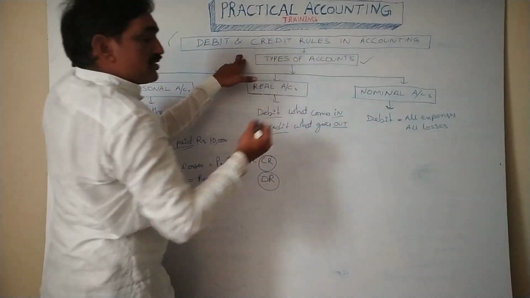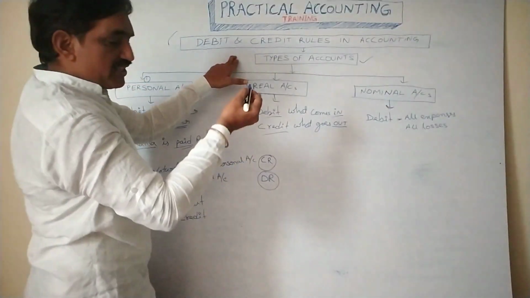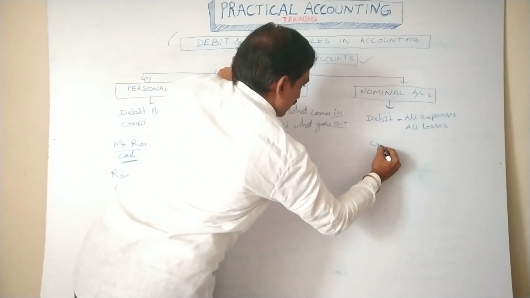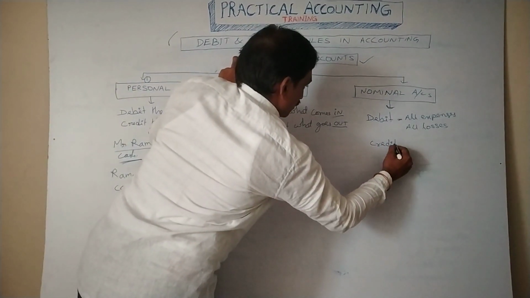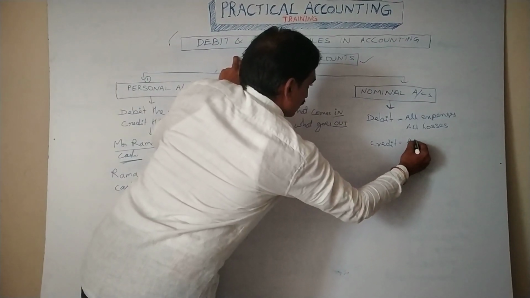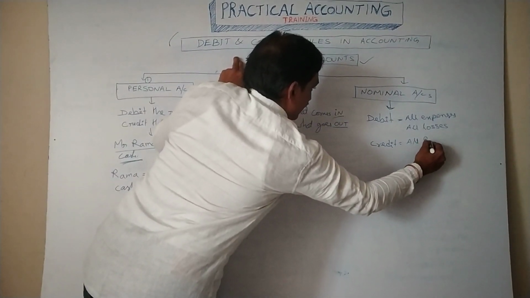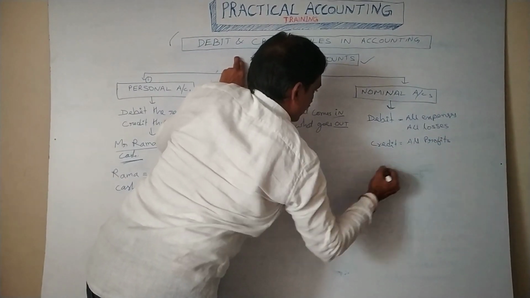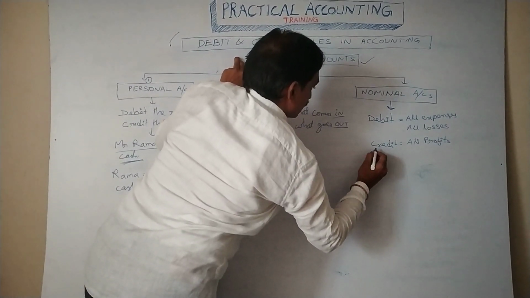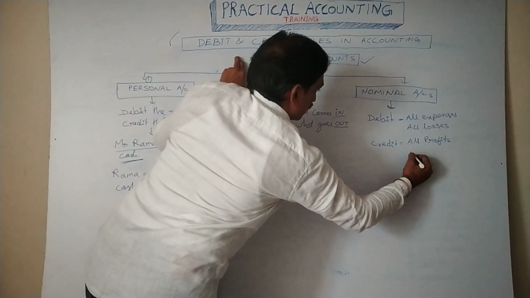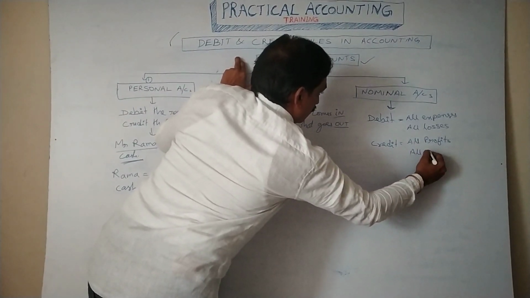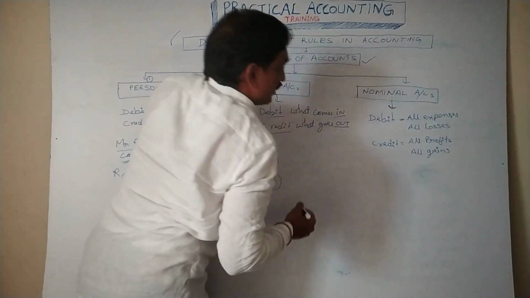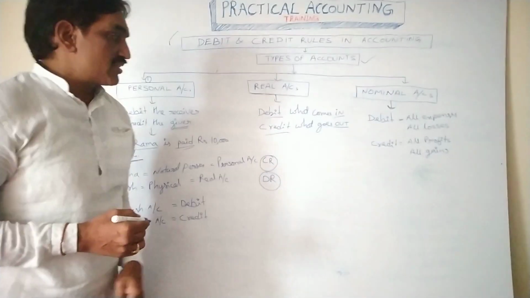If there are expenses, debited. If it is a loss, debit. Credit all profits and all gains. Credit all gains.